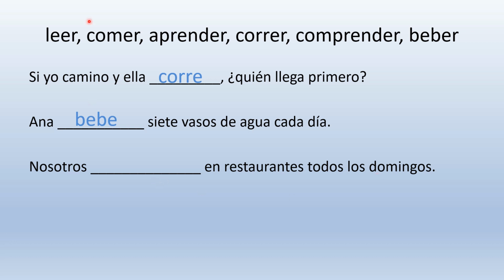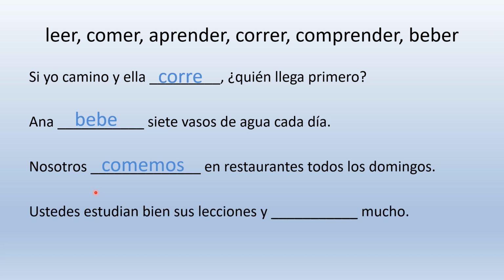Well, generally, we might read, but more than likely, we eat. To eat. So if we're saying we eat, nosotros comemos. Nosotros comemos en restaurantes todos los domingos. We eat in restaurants every Sunday.